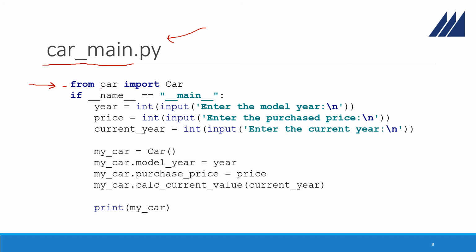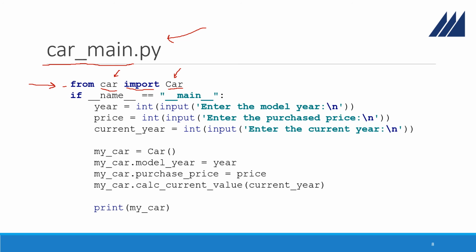And then from this file, import Car with the capital C. That is the class car that we defined and implemented in the car file. So I'm telling Python, go to that file, which is car, and import this class.